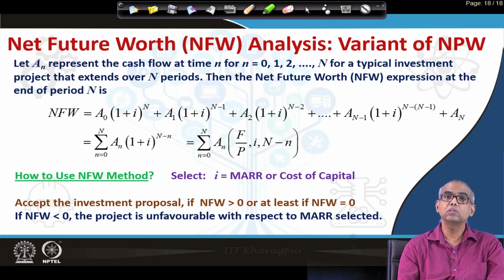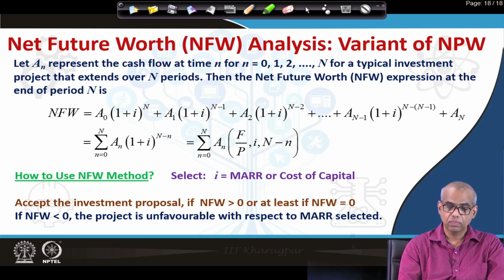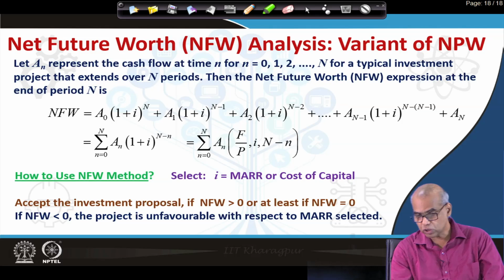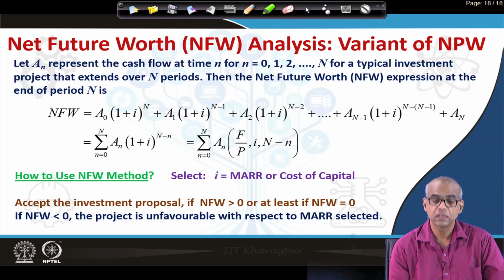So, this is how we will evaluate a single investment proposal. You assume the rate of return and accept the proposal if the net future worth is greater than 0 or at least equal to 0.